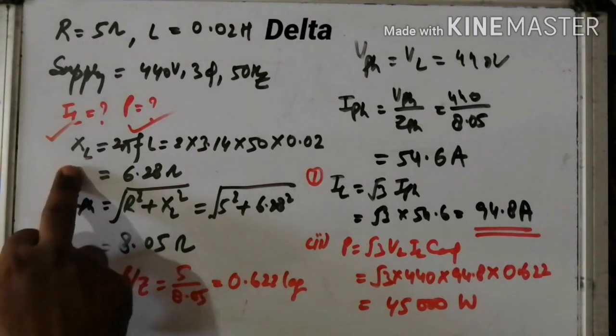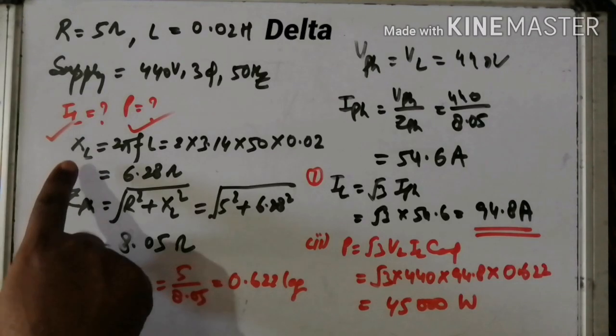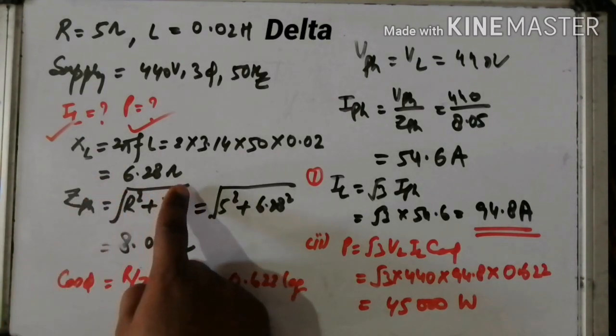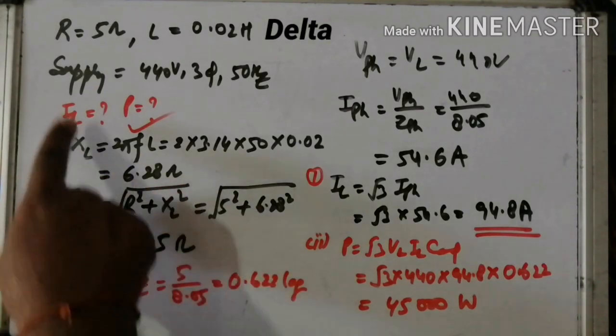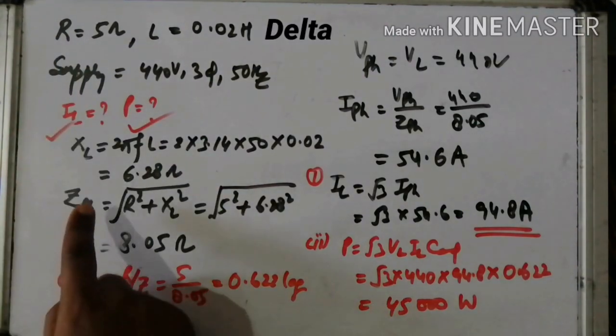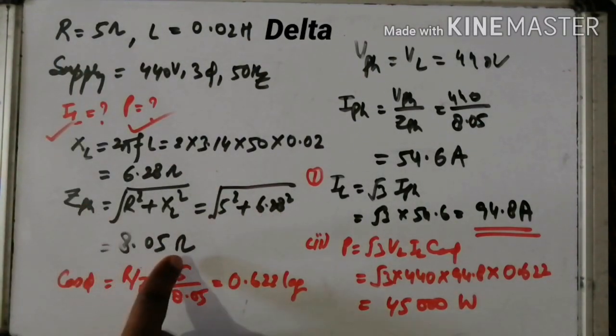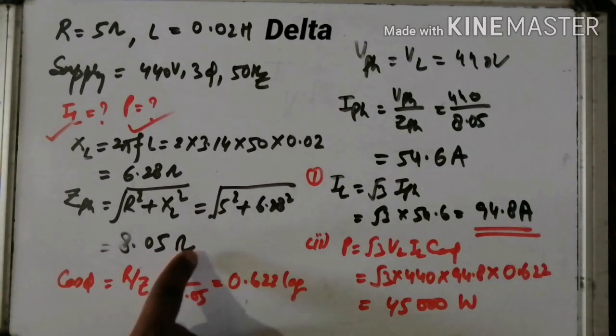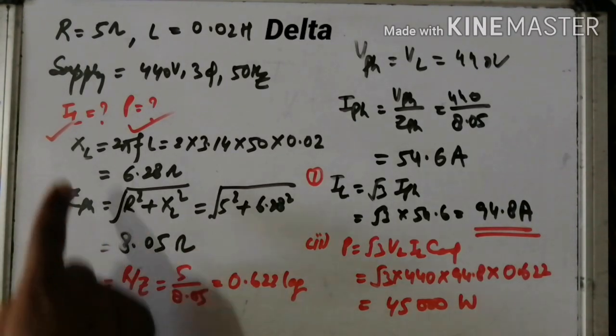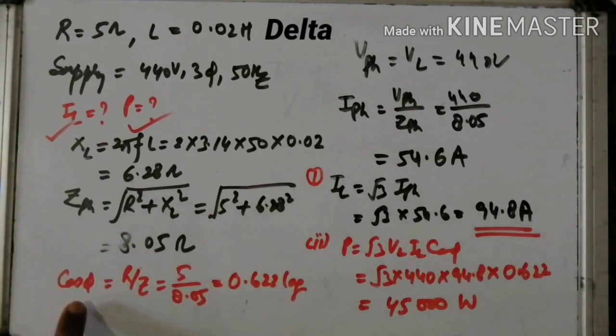By the formula XL is equal to 2 pi FL. The value of XL is 6.28 ohm. With the help of XL and R, we can calculate impedance per phase, that is ZPH, and it is 8.05 ohm. With the help of R and ZPH, we can calculate the power factor, and it is 0.622 lagging.